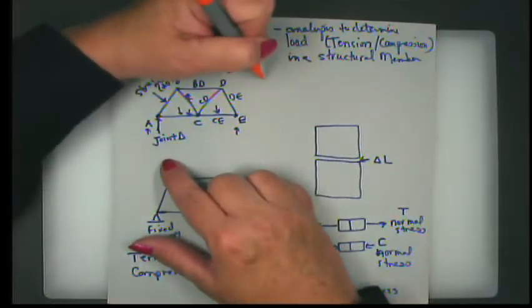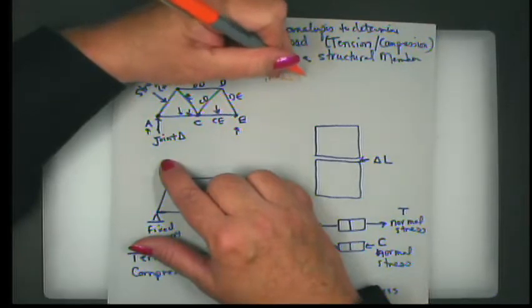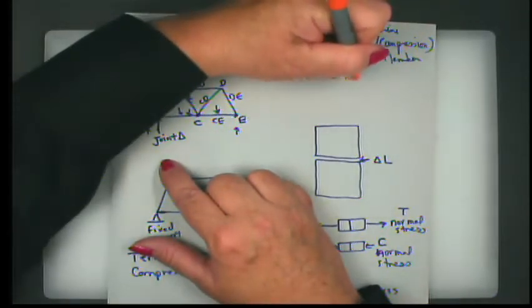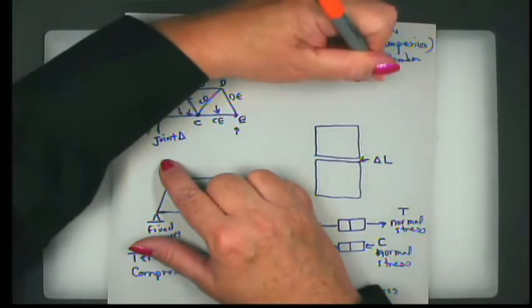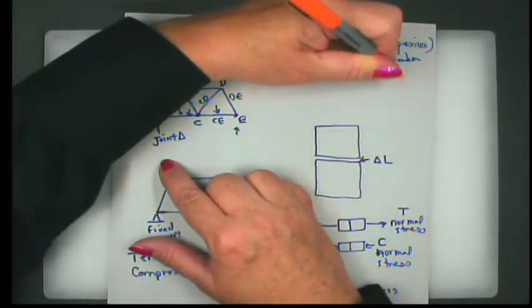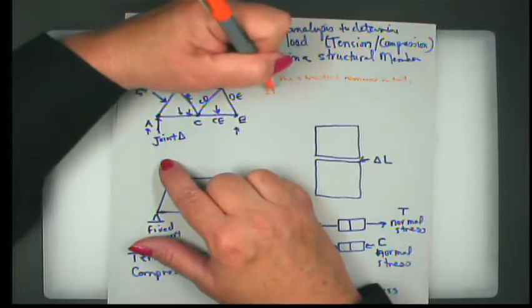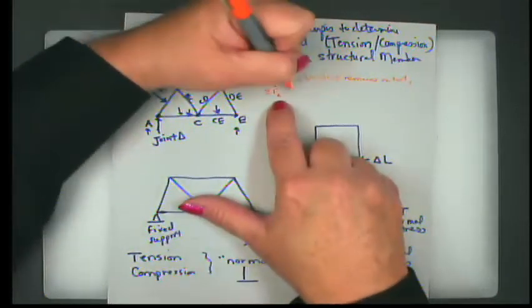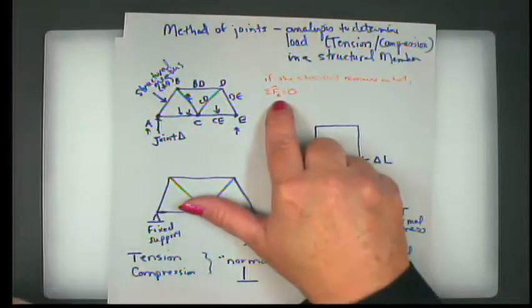In other words, if the structure remains intact, the summation of forces going into all joints in the vector sense, I'm just talking about A here, but all of them, has to equal 0.